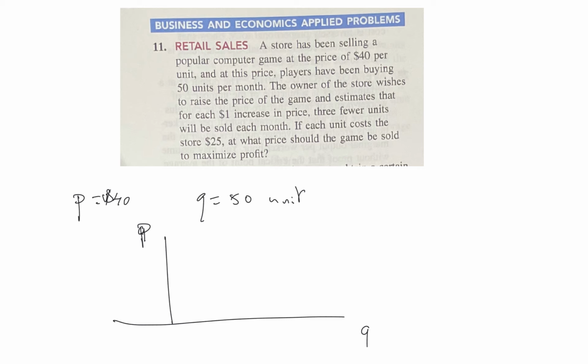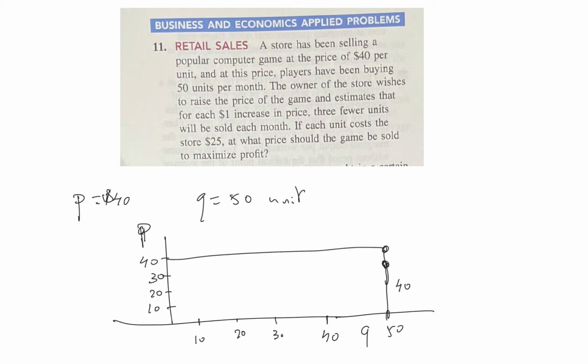When the price is 40, the quantity is 50. So let's go 10, 20, 30, 40, and 50. When the quantity is 50, the price is $40. So this is a point in the problem, the point Q, P, or the point 50, 40.